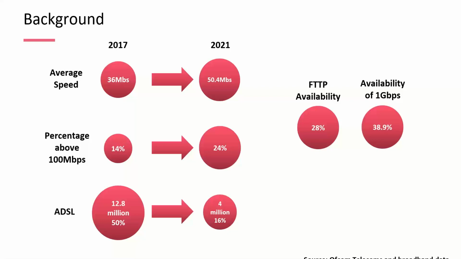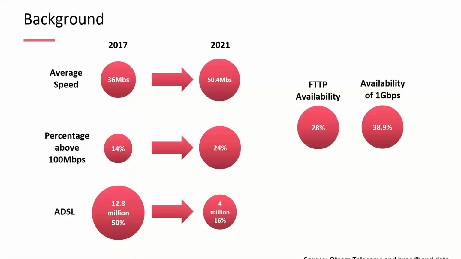I see there's an increase, but that increase is, I think, underestimated a bit because that also includes all the slower connections that are on ADSL or VDSL. Whereas if you look at connections that are just cable, the average speed is 100 megabits per second. And if you look at connections that are just FTTP, the average is 145 megabits per second. So we're seeing a dramatic increase there.